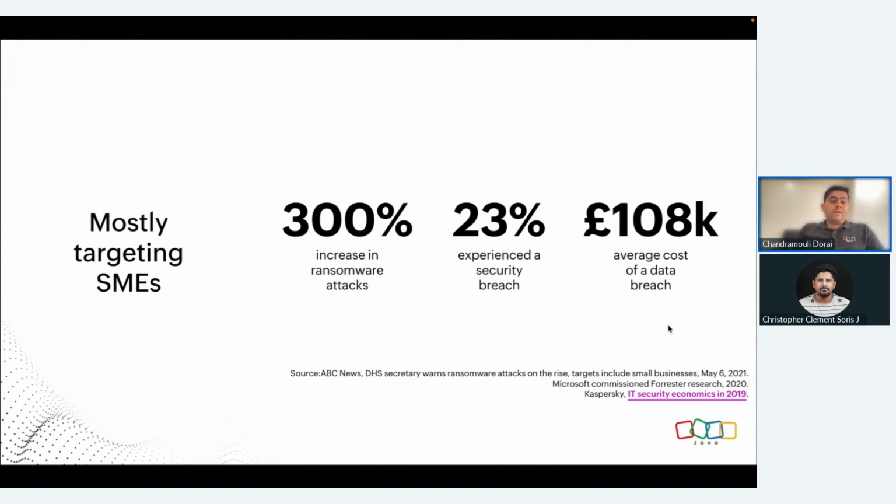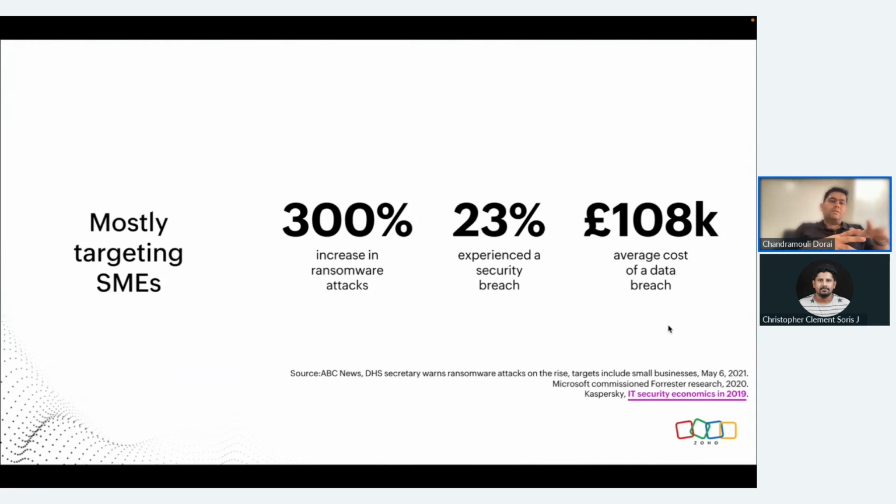Another interesting fact is that mostly the cyber criminals are targeting SMEs, and the average cost of a data breach is over $100,000. Most of us have this myth that cyber criminals will only attack large enterprises, but that is not true. Why don't they attack the large enterprises?